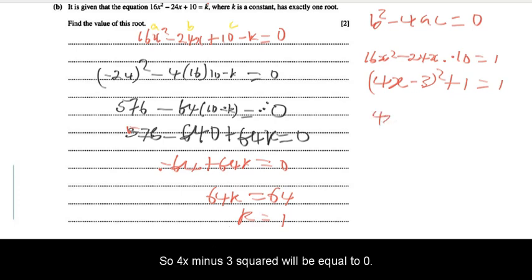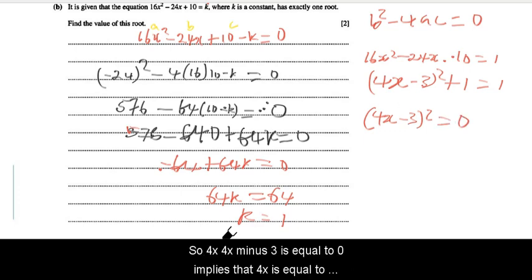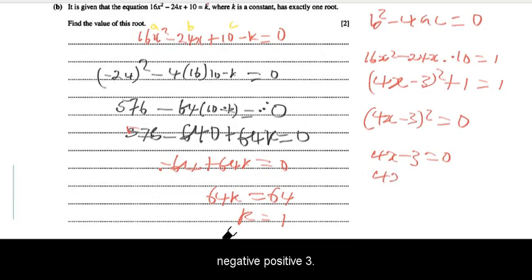So 4x minus 3 squared will be equal to 0. So 4x minus 3 is equal to 0 implies that 4x is equal to positive 3. So x is nothing but 3 over 4. Right.